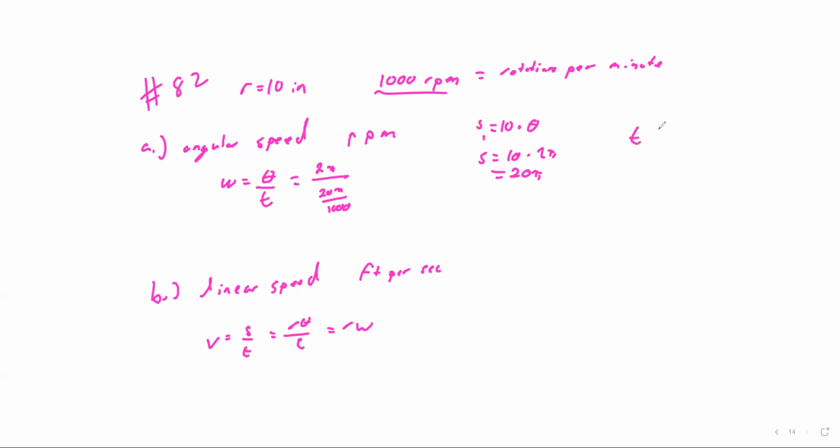So to figure out time, I need to do my arc length divided by my RPMs, my rotations per minute. So S, which in this case is 20 pi, divided by RPMs, that will tell me how long it takes me to go around the saw one time. And then if I do that and I divide it into 2 pi, this would be keep, change, flip.